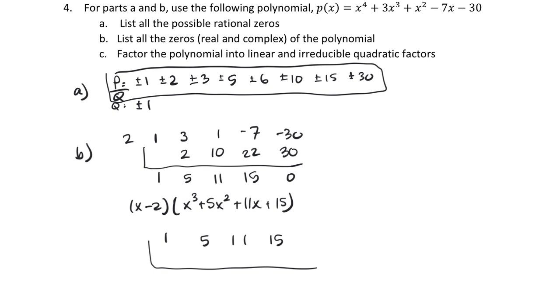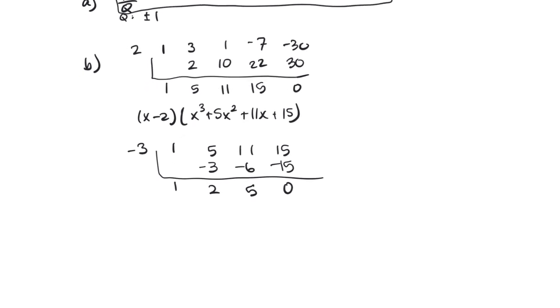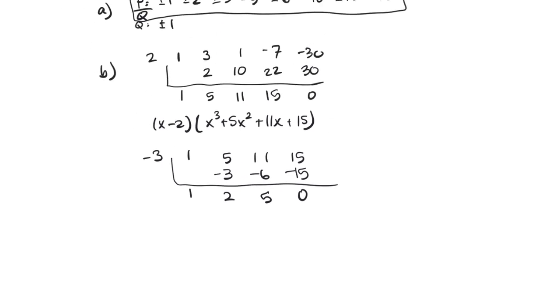Already can tell that's not going to work. Okay, so x equals negative 3 is another of the zeros, so that means the factor is x plus 3.